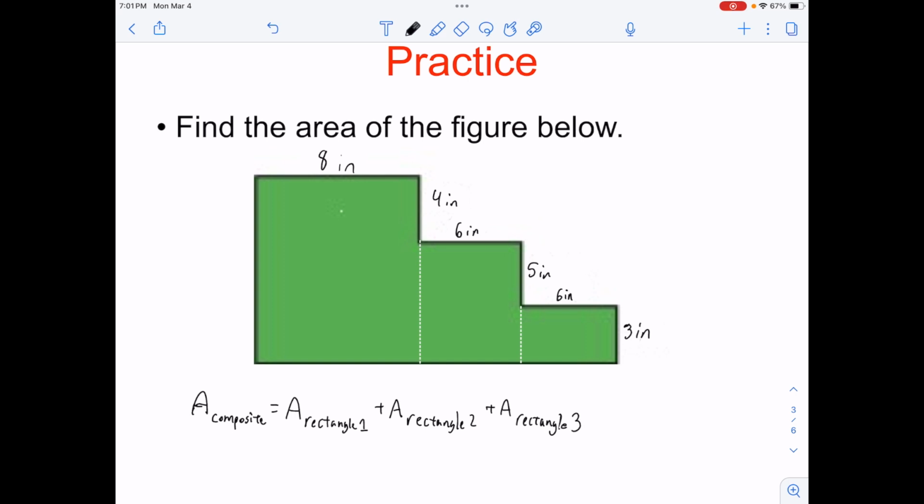Keeping things simple the way we're writing it down right over here. So we need to find the area of all 3 rectangles. And how do you find the area of a rectangle? It's just length times width.